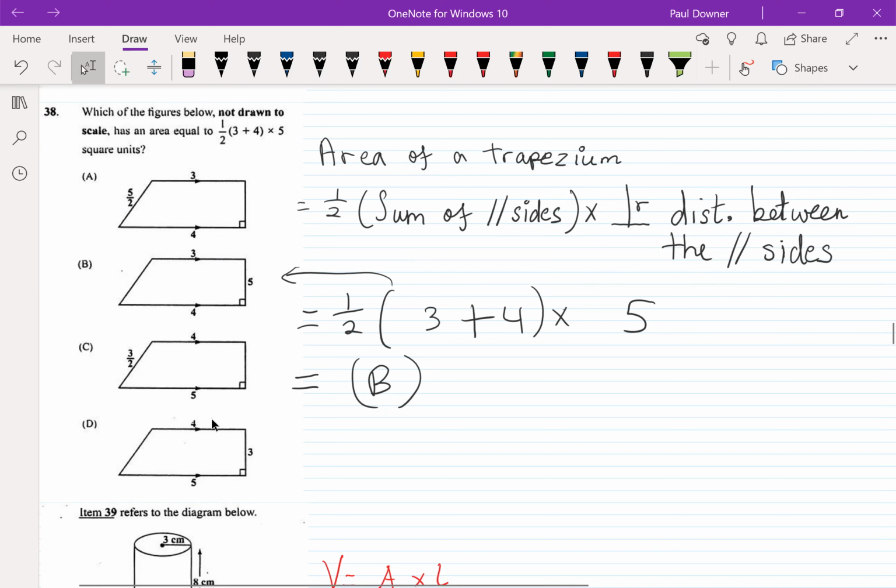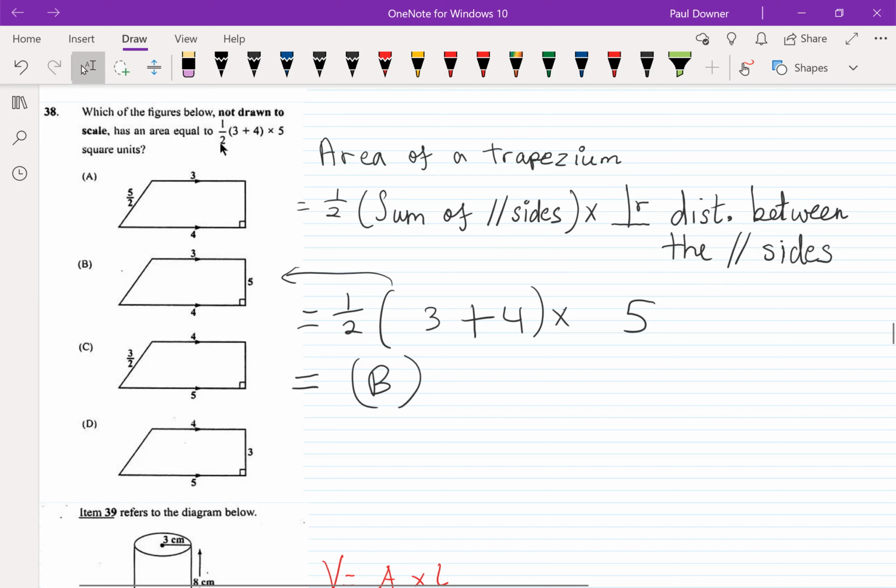Now, a trapezium is a 4-sided shape or polygon that has 1 pair of parallel sides. Another way of saying that is a trapezium is a quadrilateral with 1 pair of parallel sides. So the pair of parallel sides here is this and this in all of them. And so if we follow this formula, the area of these trapeziums will be a half times the sum of the parallel sides times the perpendicular distance between the sides.